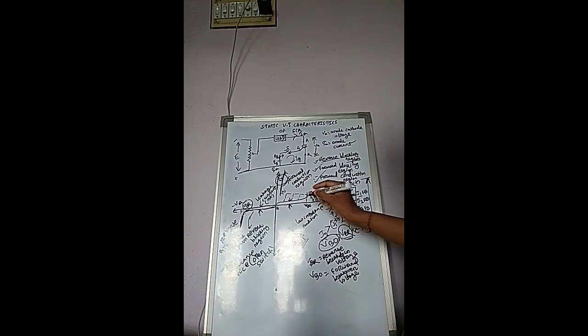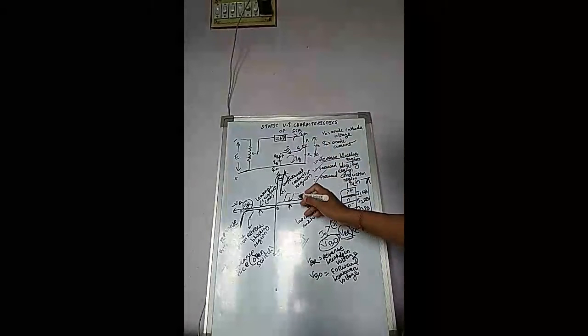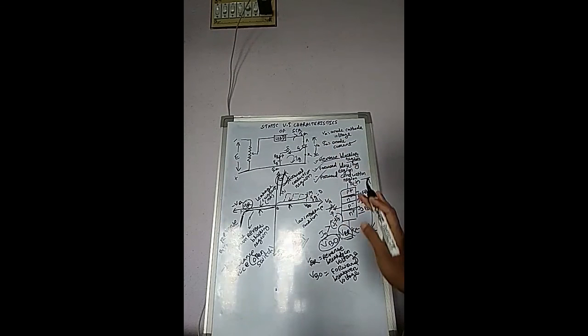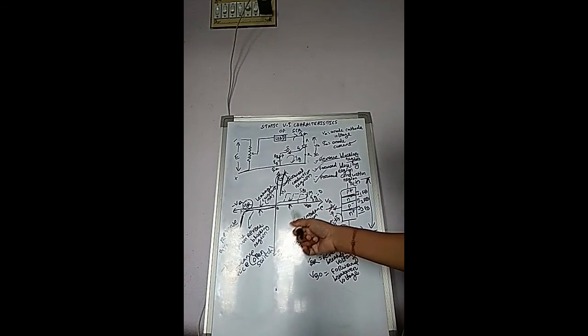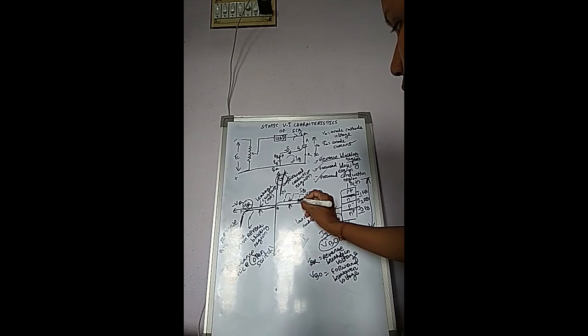So here the forward breakover voltage is VBO, but after this point we will apply some gate current. Let it be Ig1. If I apply Ig1, the forward breakover voltage is less than VBO. Let the forward breakover voltage level now be V1.